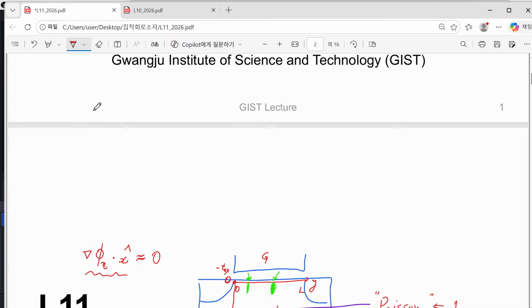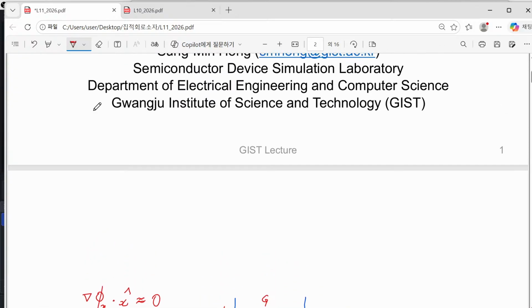Let me just explain. The continuity equation in general form follows this way. So the change of a certain quantity, the number of a certain particle, depends on the divergence of the flux.